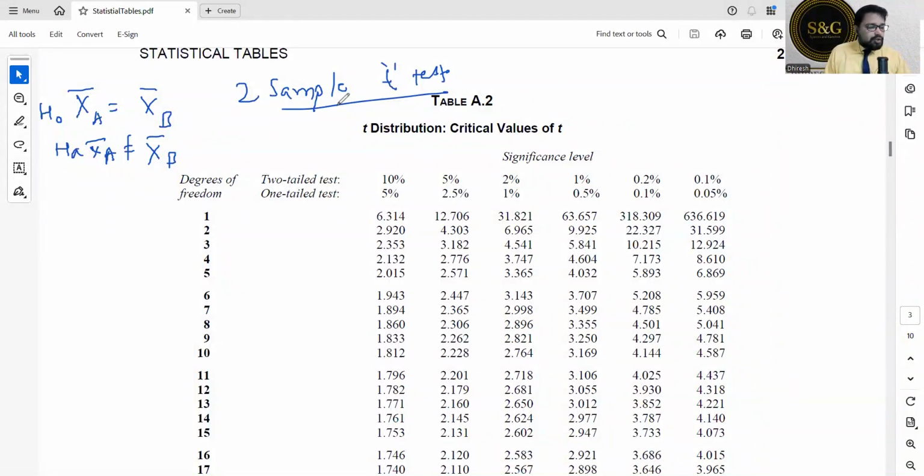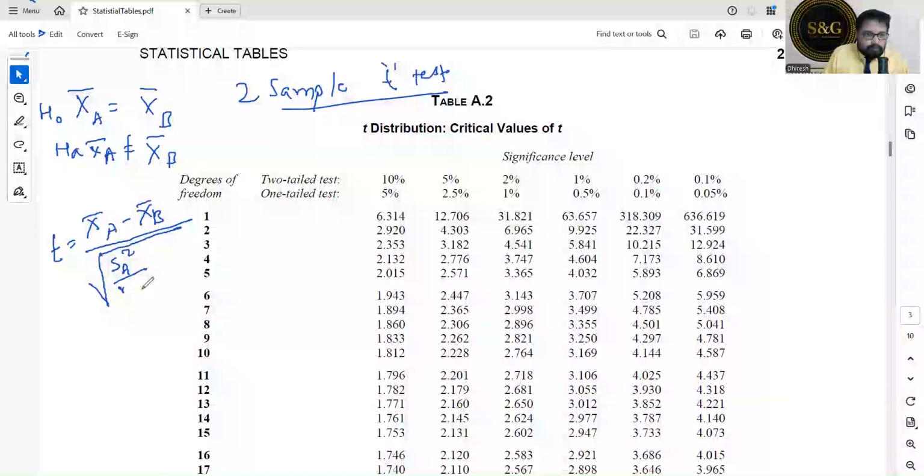So there is a slight difference in the formula. You can just make a note of this. In that case, the t value is calculated as, write this down, x bar A minus x bar B divided by, in the denominator, square root of standard deviation square, which is variance of A divided by NA, which is number of data points of A, plus variance of B divided by number of data points of B. Are you clear?